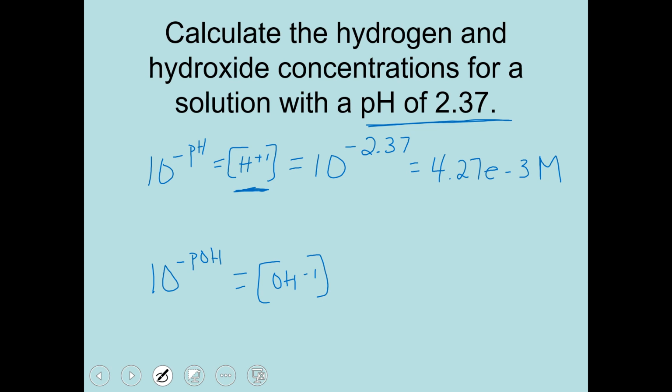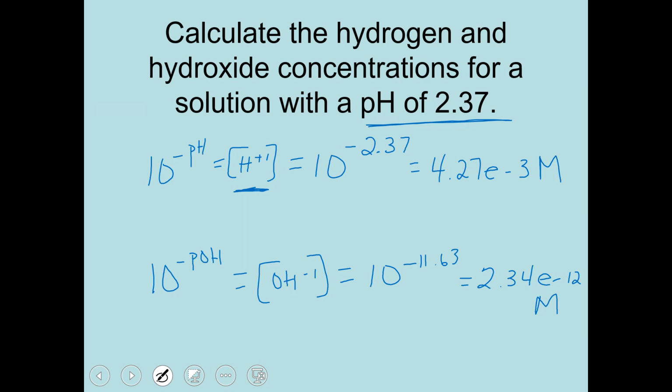So if I take 14 minus 2.37, I got 11.63. That's the pOH of my solution. I take 10 to the negative pOH and I got 2.34 times 10 to the negative 12th for the molarity.